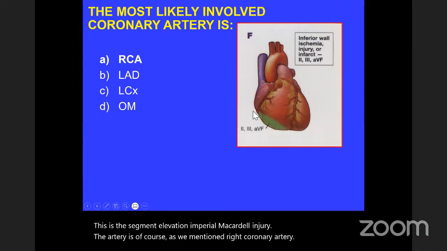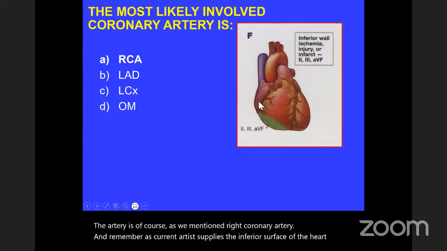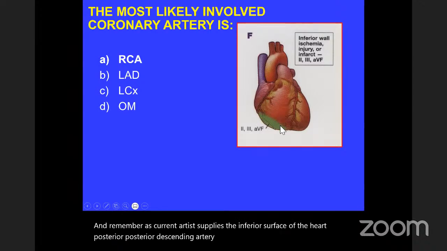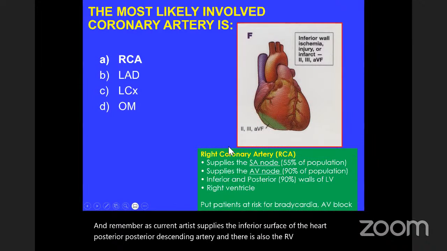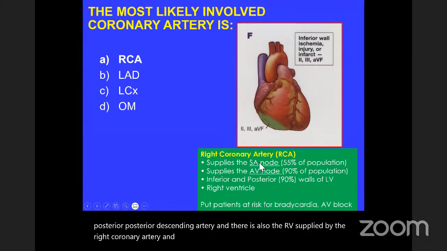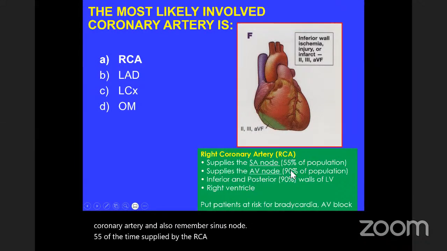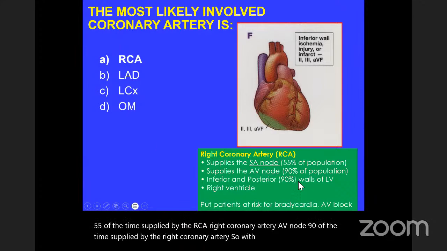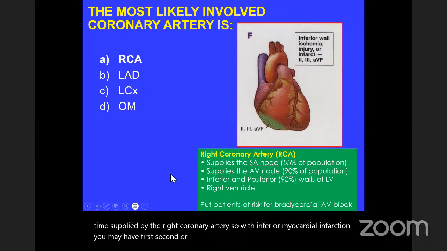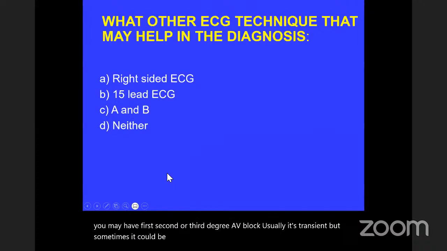And remember, right coronary artery supplies the inferior surface of the heart, the posterior descending artery, and also the RV. Also remember, the sinus node, 55% of the time, is supplied by the RCA, and the AV node, 90% of the time. So with inferior myocardial infarction, we may have first, second, or third degree AV block. Usually it's transient, but sometimes it could be persistent, and then we need a pacemaker for that.